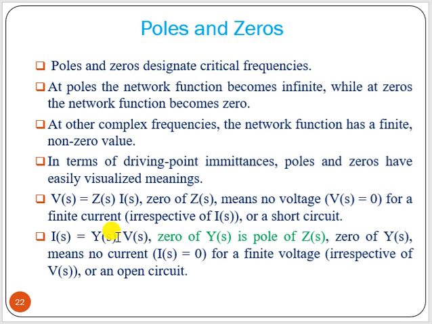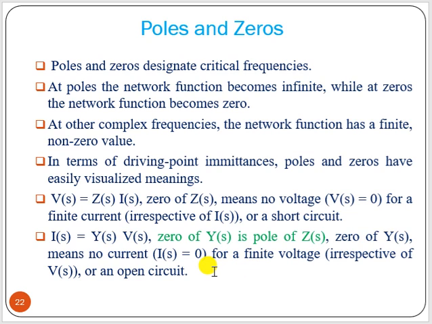Now in that case, zeros of Ys make Ys equal to 0. If Ys equal to 0, then Is equal to 0 irrespective of the voltage. Right? Now Is equal to 0, that means what? An open circuit. Okay.